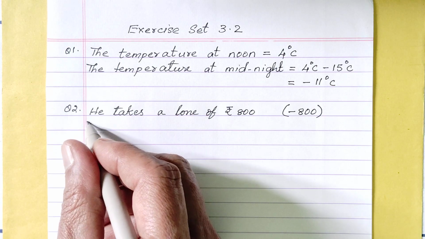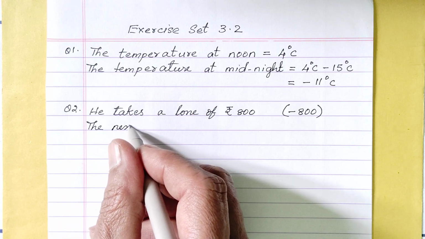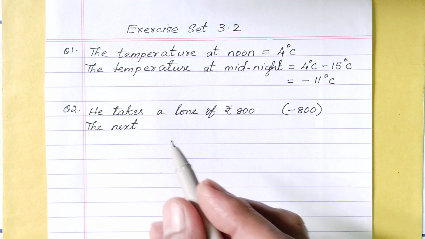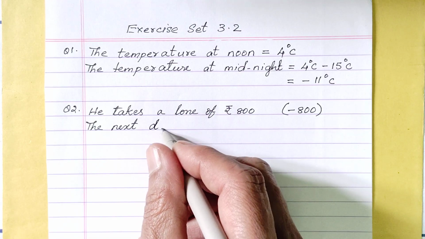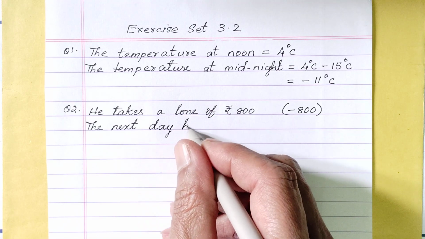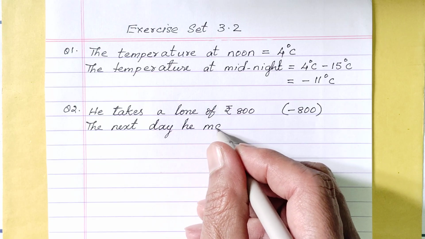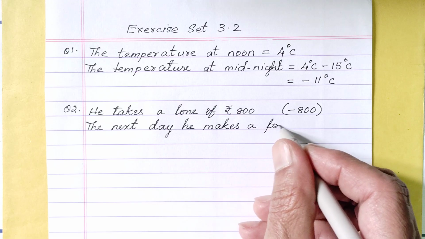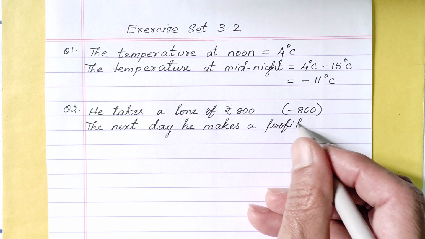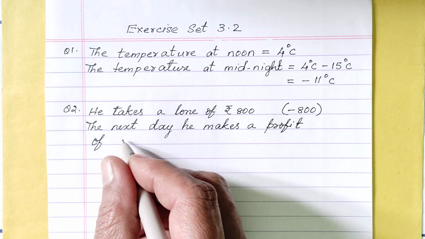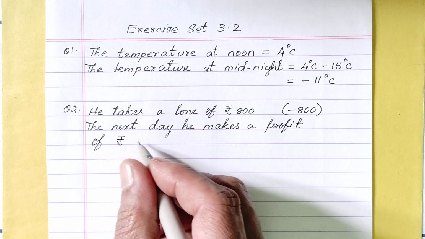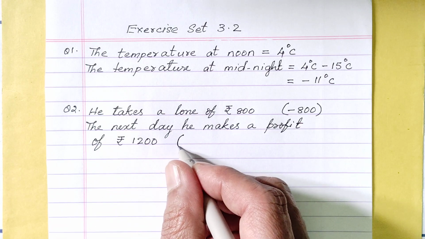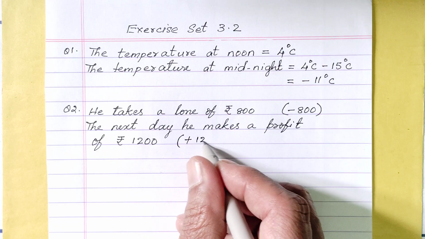The next day, he makes a profit of rupees 1200. This will be represented as plus 1200 because it's a profit.